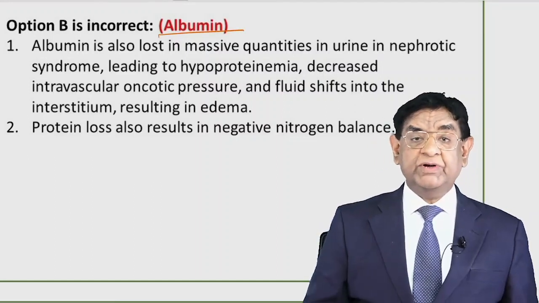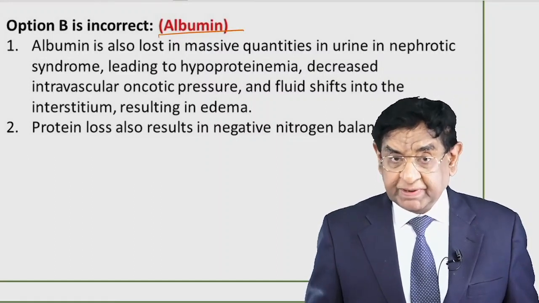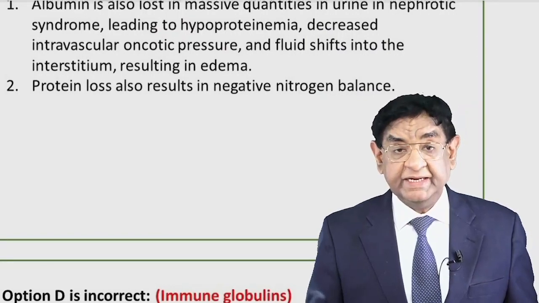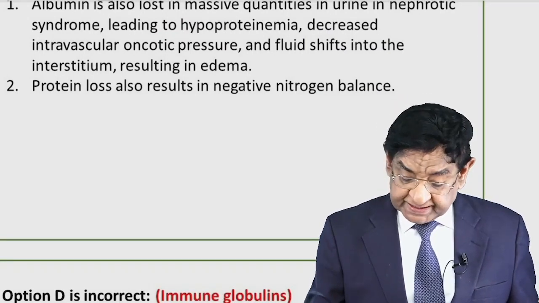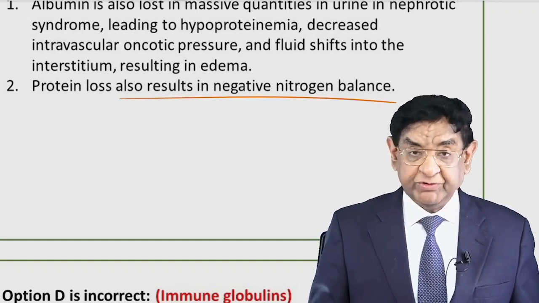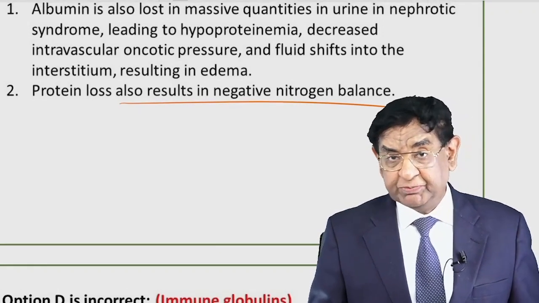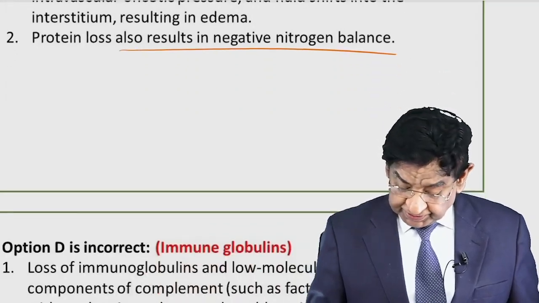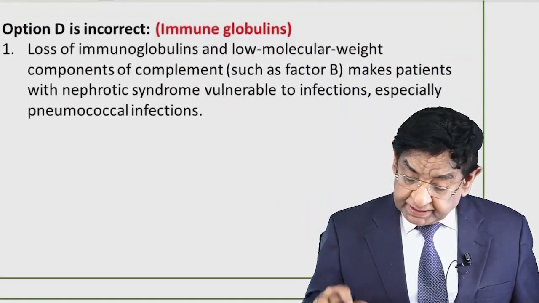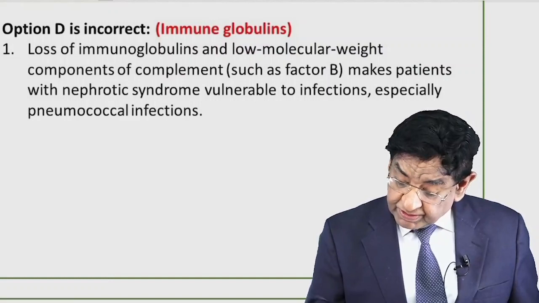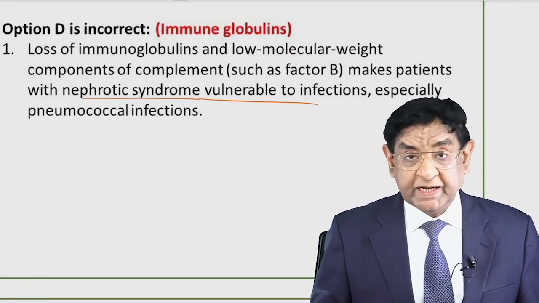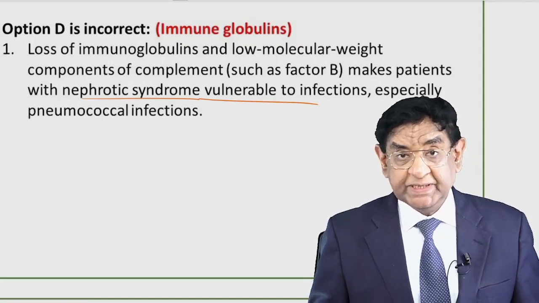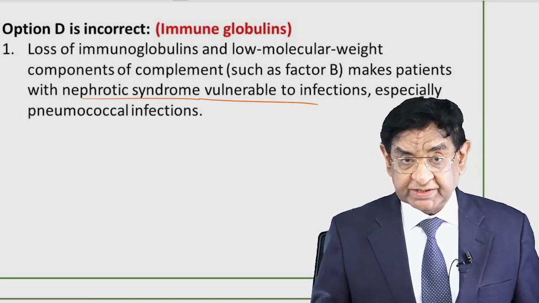In fact, it goes out in all types of proteinuria, but it doesn't contribute to renal vein thrombosis, though it can definitely lead to negative nitrogen balance. It is not a predisposing condition for any thrombus formation. Immunoglobulins are lost, okay, which means nephrotic syndrome patients are more prone to infection, but it does not contribute to renal vein thrombosis.